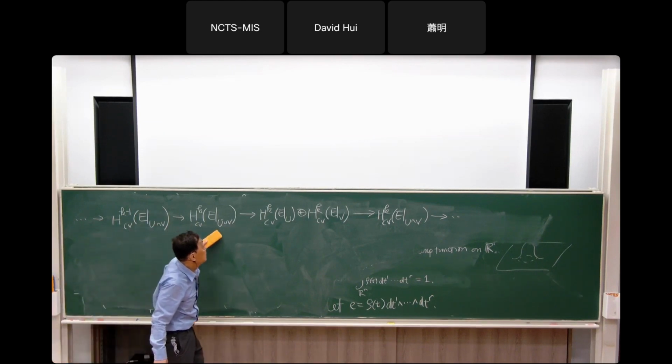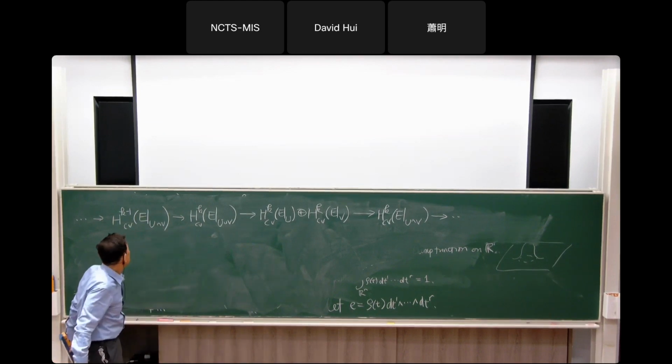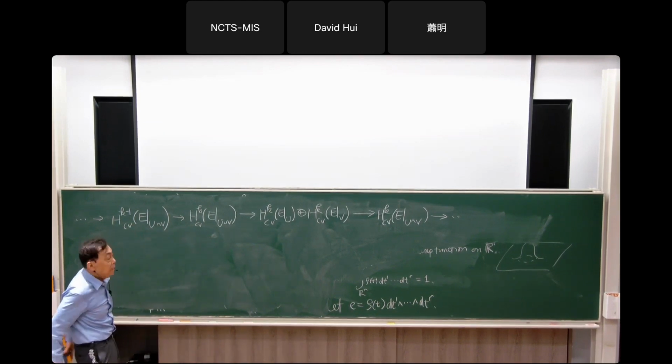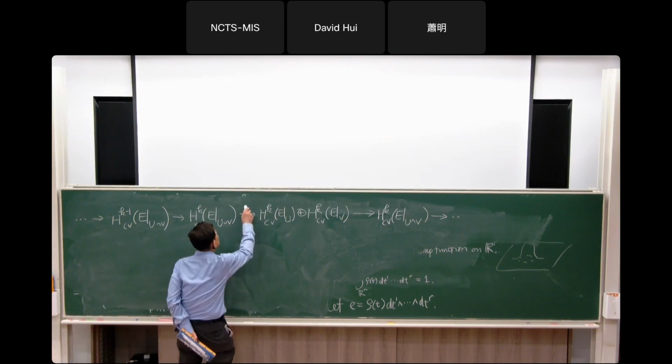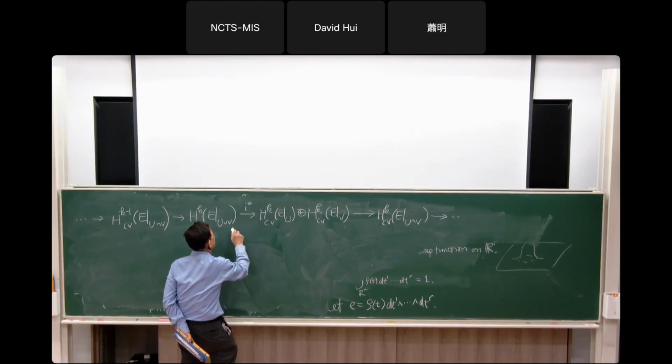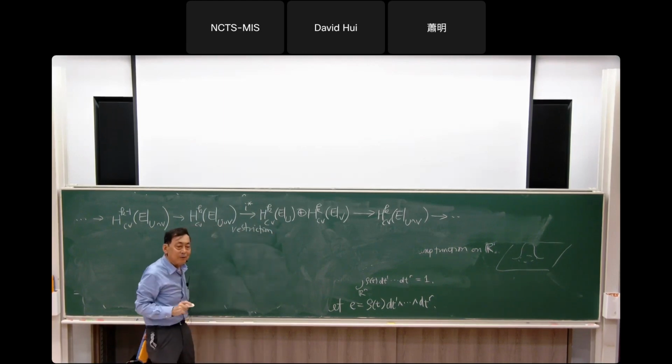Intersection, union. No, because this is restriction, right? Yeah, this is not compact support.